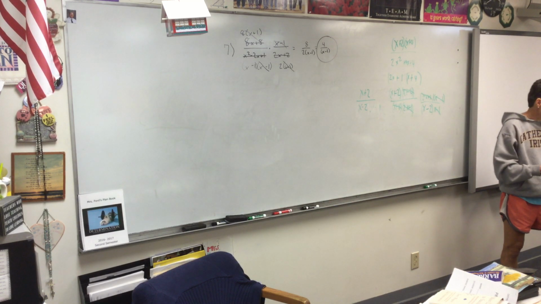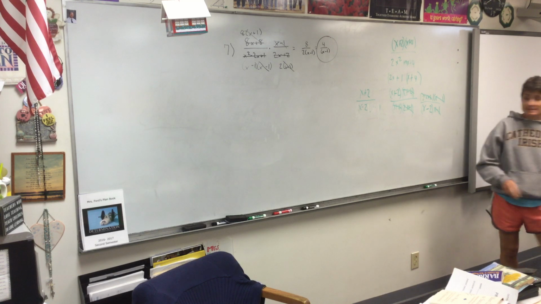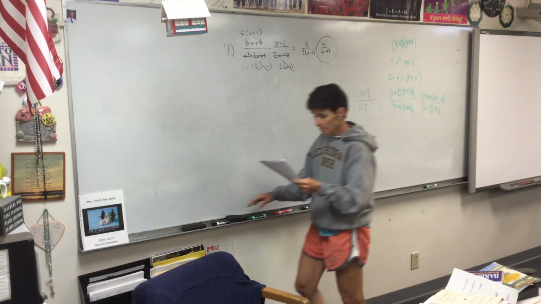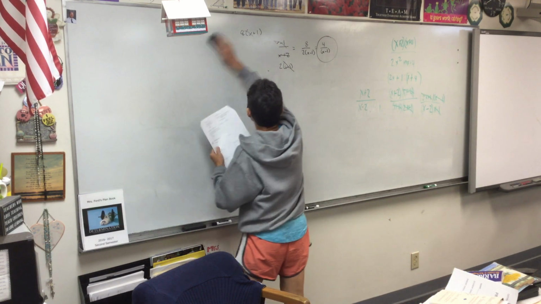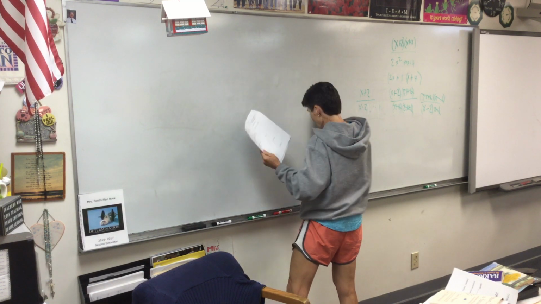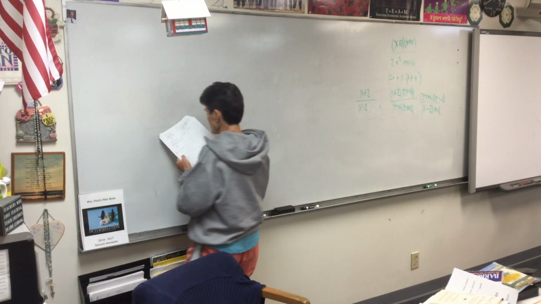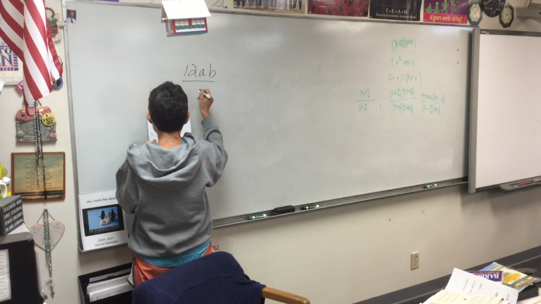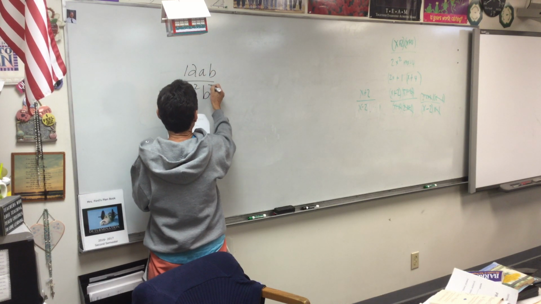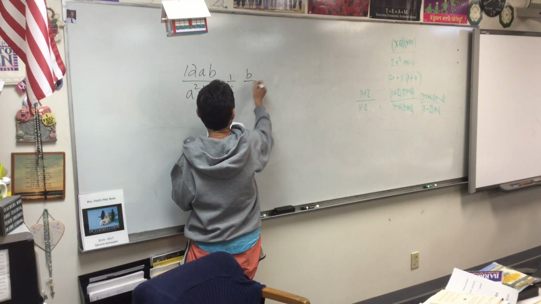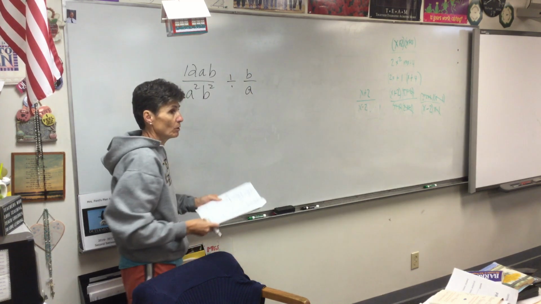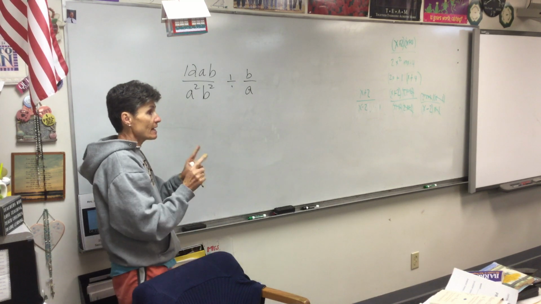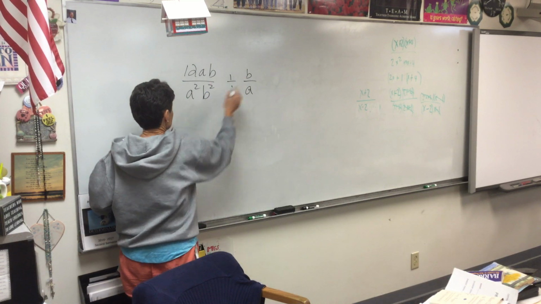Now, the good news is section 62 is exactly the same, except, anybody remember how we divide when we have fractional expressions? We flip it. Yeah. So we're gonna do this exactly the same as a multiplication, except we have to flip this one over.